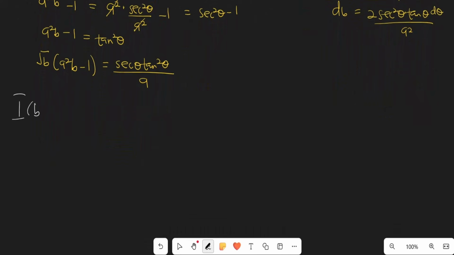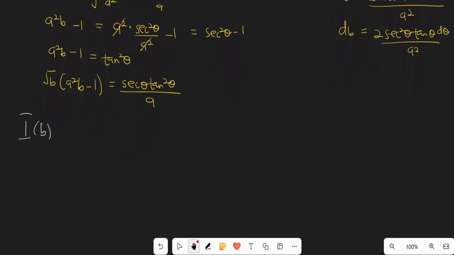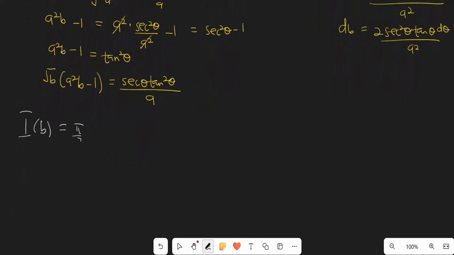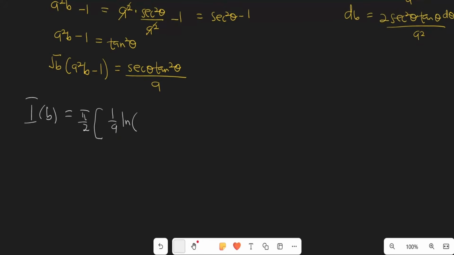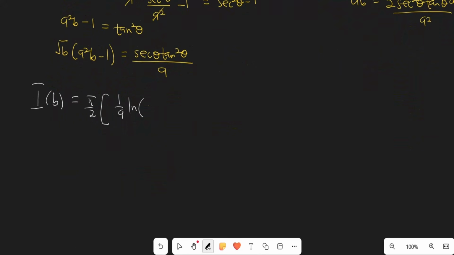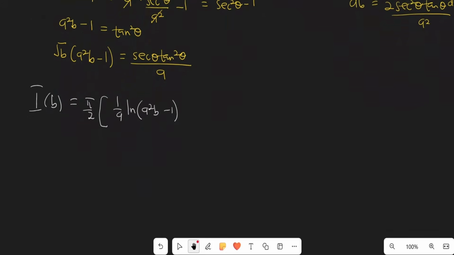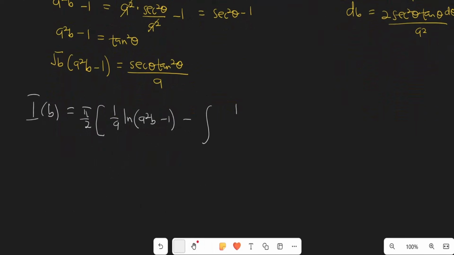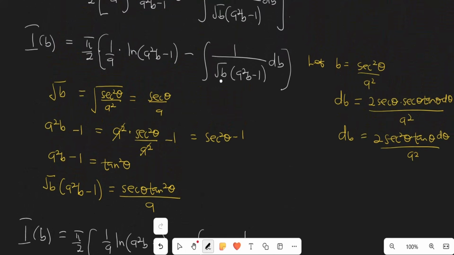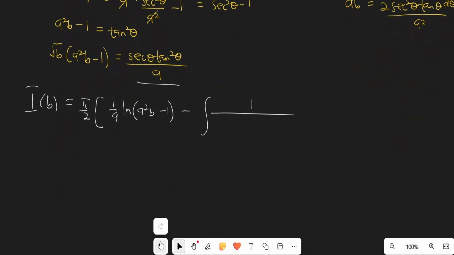So I of b is equal to pi over 2, and this is multiplied by 1 over a, right? And then the ln of a squared b minus 1, and then minus the integral of 1 all over the square root of b multiplied by a squared b minus 1, which is this, right?